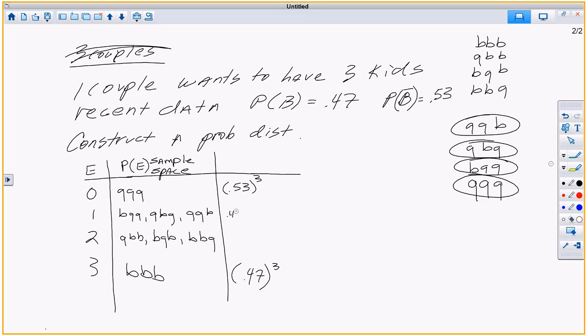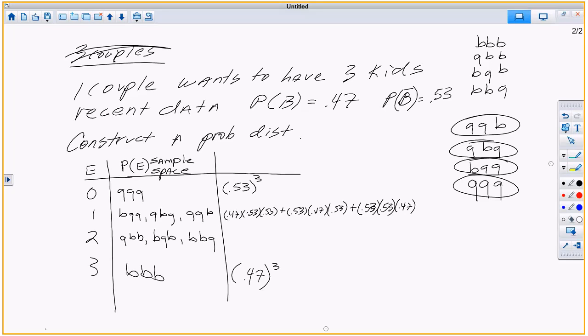0.47 times 0.53 times 0.53 plus 0.53 times 0.47 times 0.53 plus 0.53 times 0.53 times 0.47.